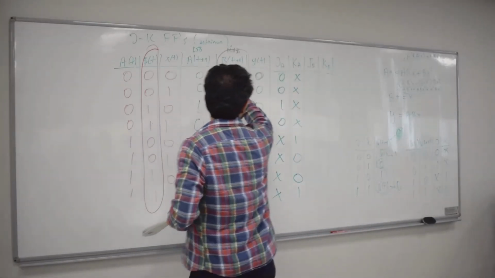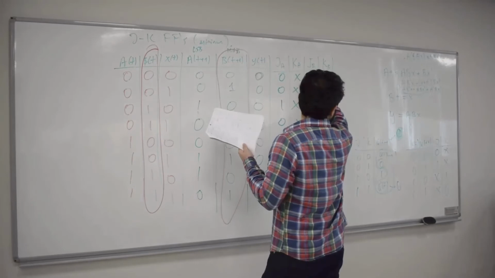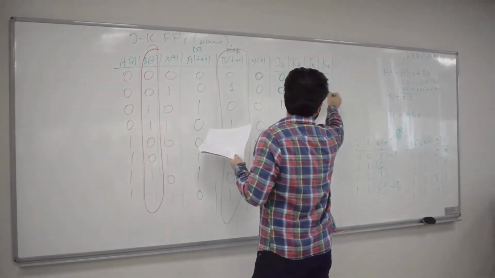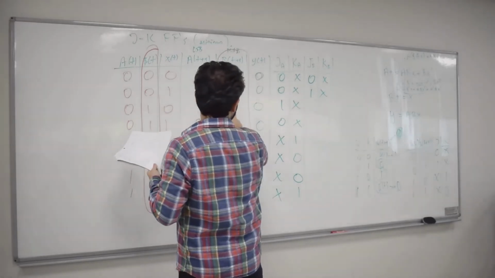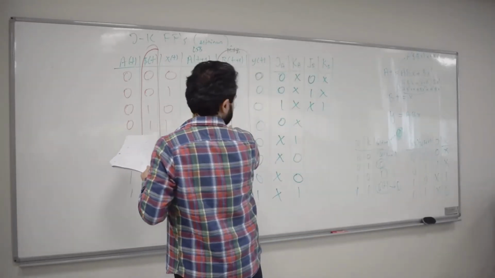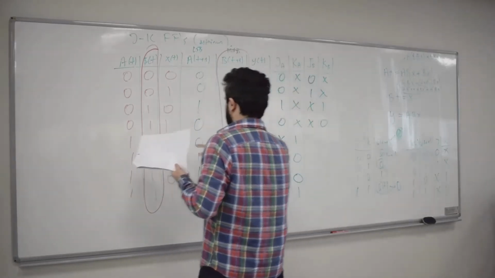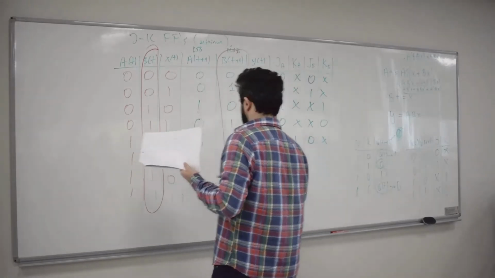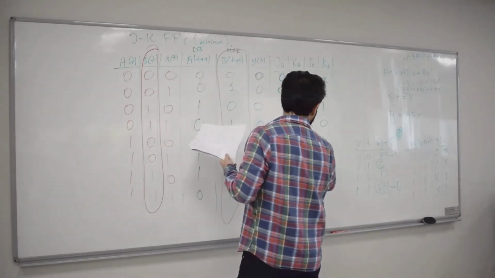I got 0, 0. 0, 0 creates 0x. I got 0, 1, 1x. I got 1, 0, x1. I got 1, 1, x0. I got 0, 0, 0x. I got 0, 1, 1x.